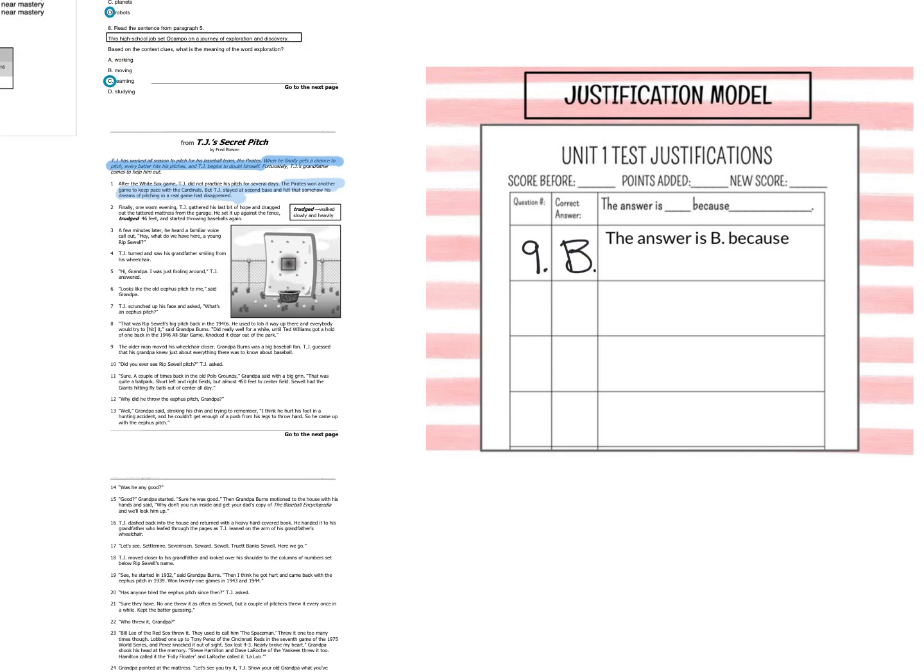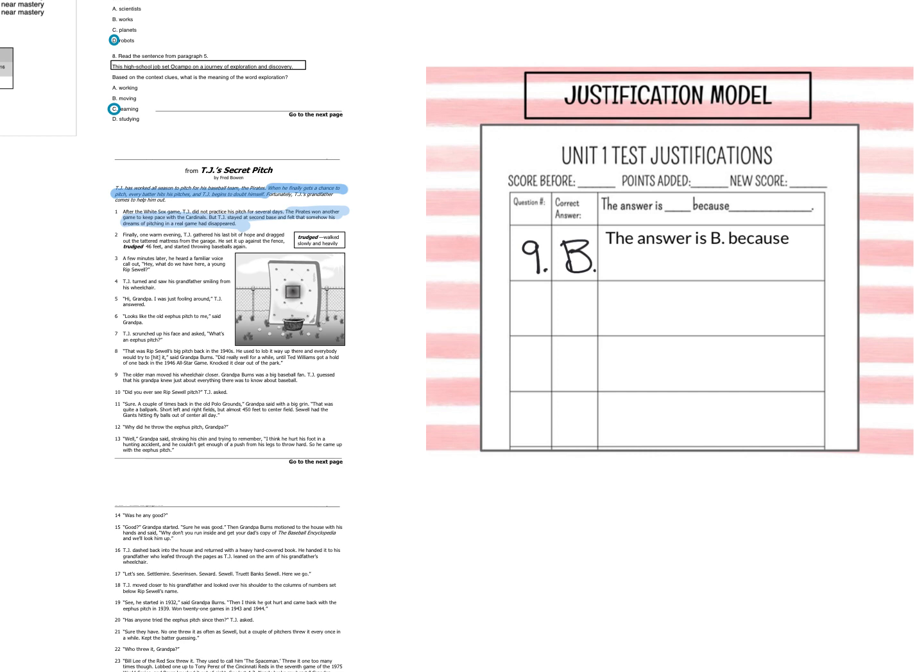As I'm going back to look at my highlights, I'm noticing it says in paragraph 1, but TJ stayed at second base and felt that somehow his dreams of pitching in a real game had disappeared. I'm also going to notice that italicized part, TJ begins to doubt himself.